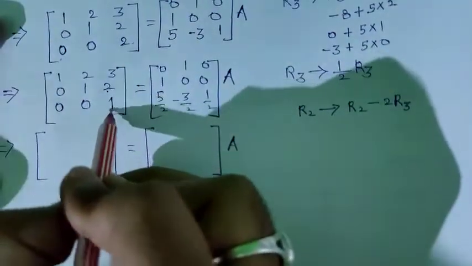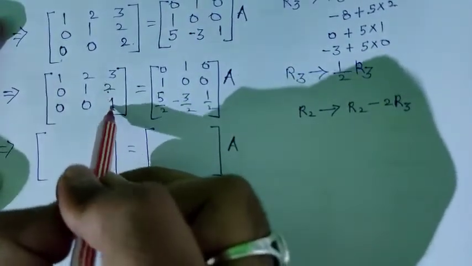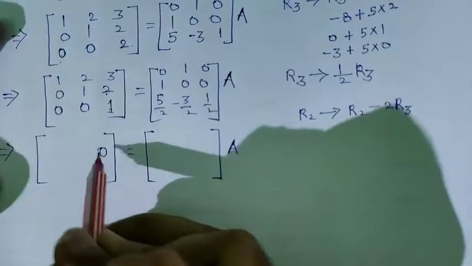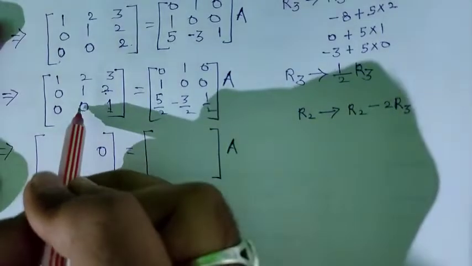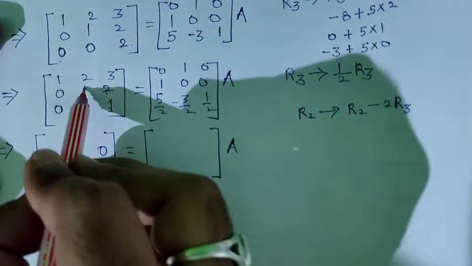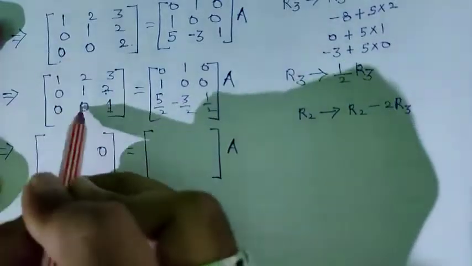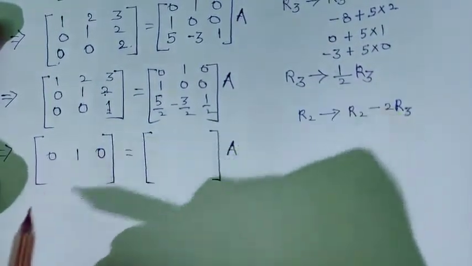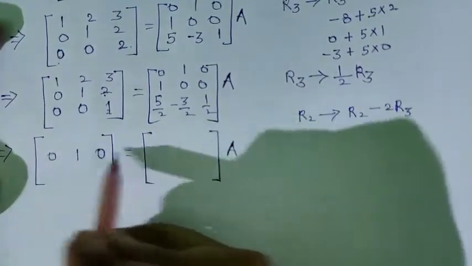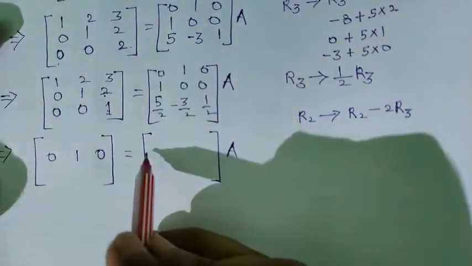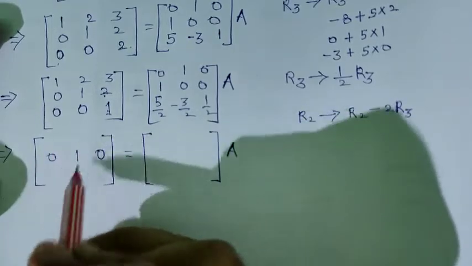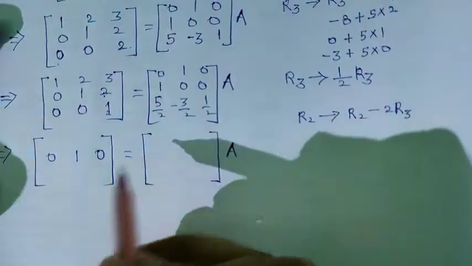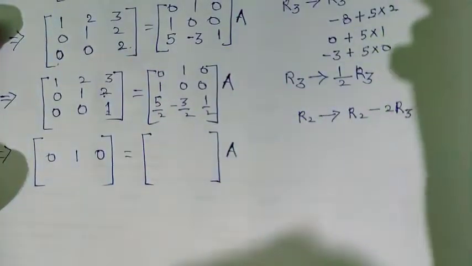If I multiply here with 2 and subtract it, it will become 0. And 1 minus 2 into 0, these two zeros are there, so it won't affect this row. Means in R2 we are applying, so we'll write only R2, and the first and third rows we will write as it is. Same here, we'll proceed with the same procedure.